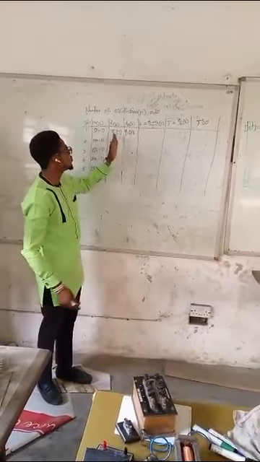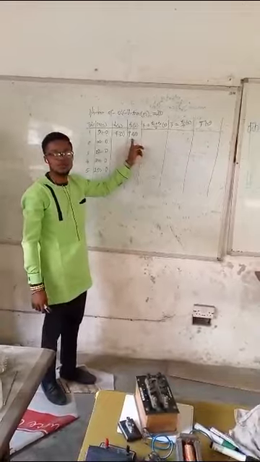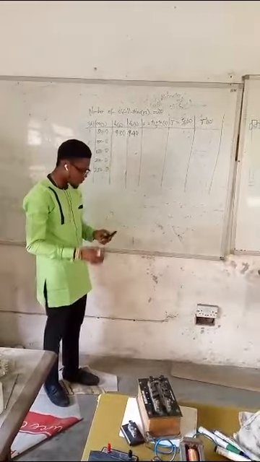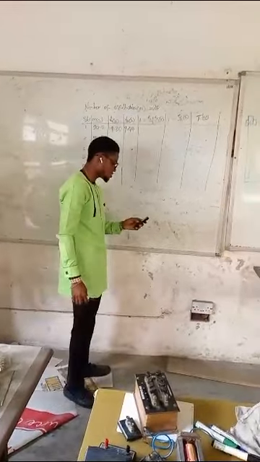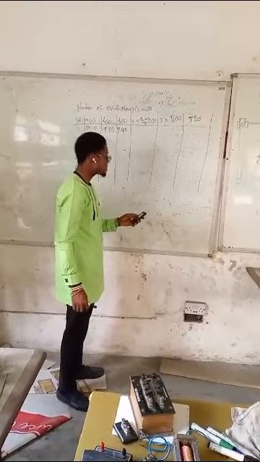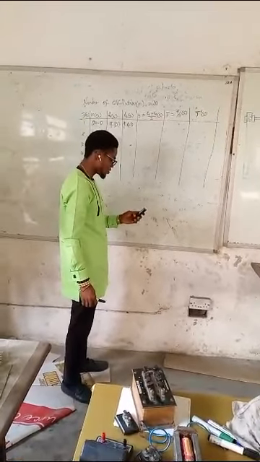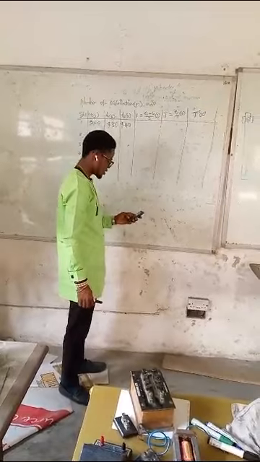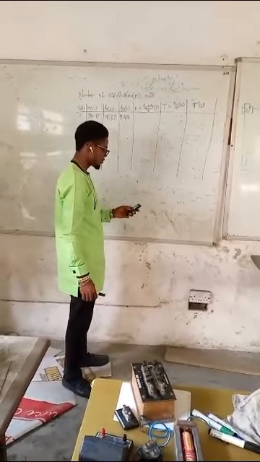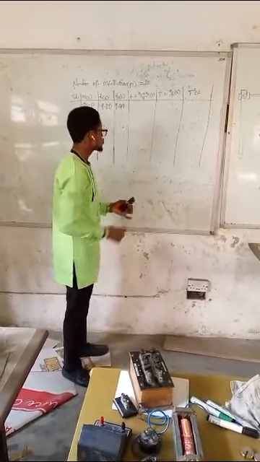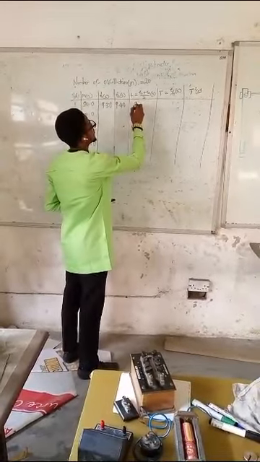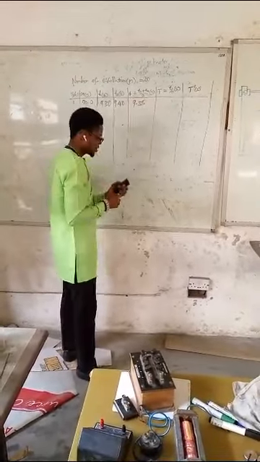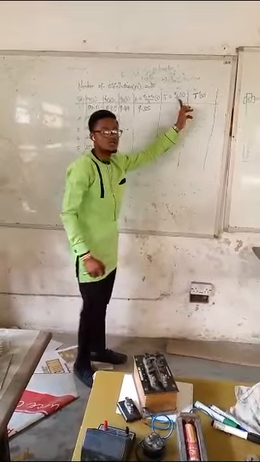So I should add 9.30 plus 9.40 together and find the average. Okay, so this gives me 9.30 plus 9.40 divided by 2. So this gives me 9.35.